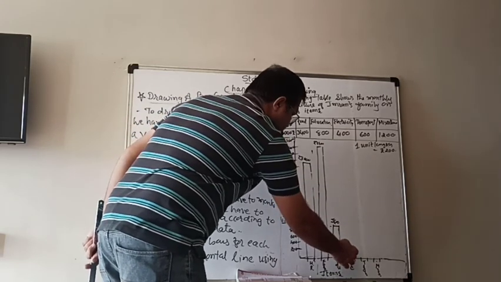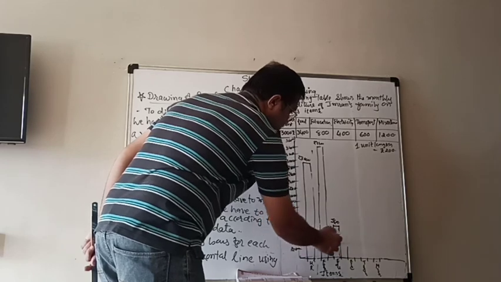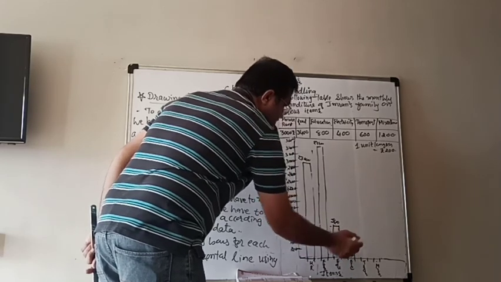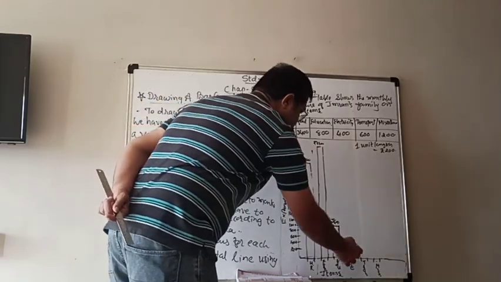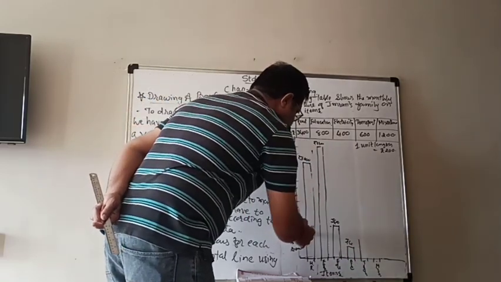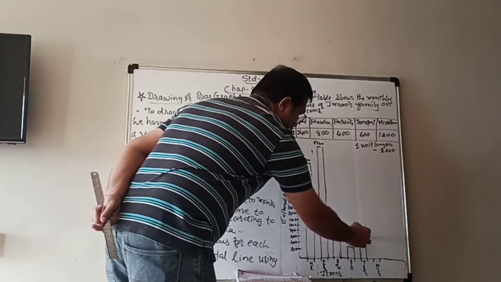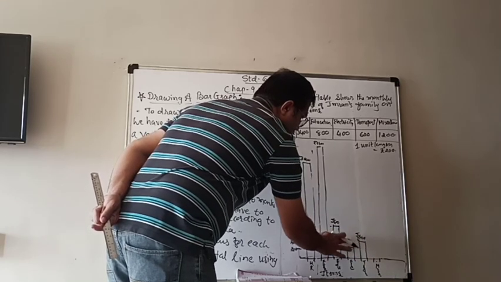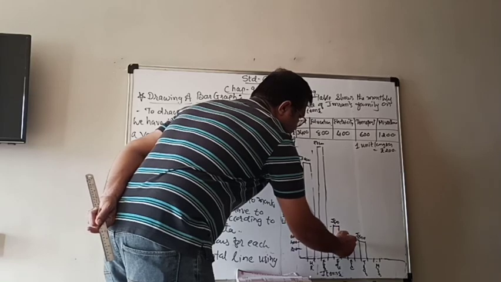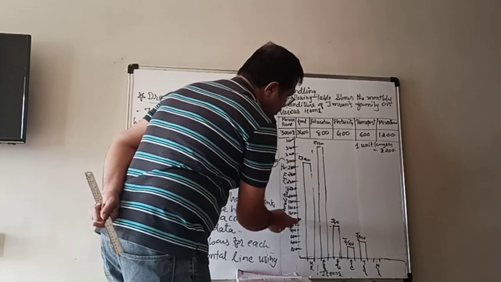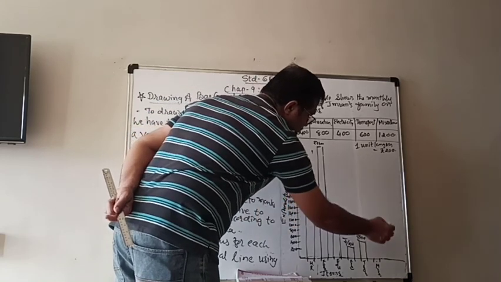So 400 is just the second one here. Then next is 600, so a little more than that. And the last, miscellaneous, is 1200. So you get 1200 here.